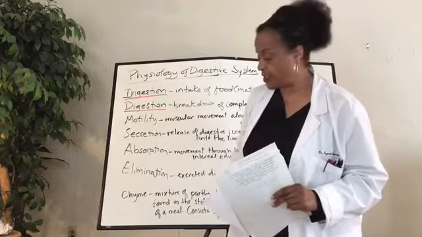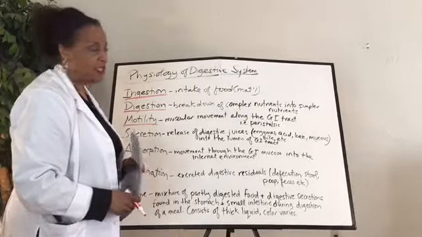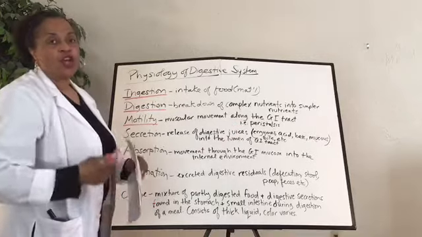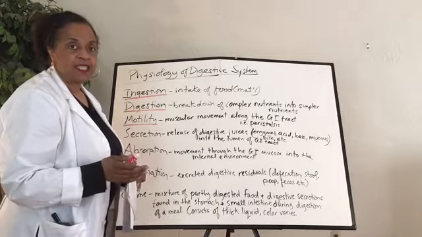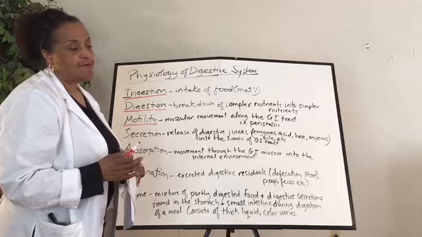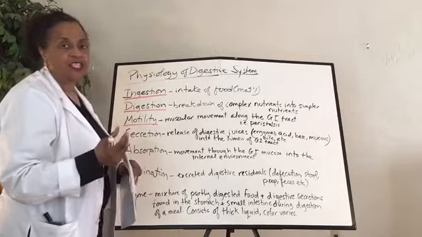Motility. Motility is the muscular movement along the GI tract. That would be an example of peristalsis. You're going to learn about peristalsis and segmentation, but remember, segmentation just breaks things up into smaller components with a to-and-fro, back-and-forth action.